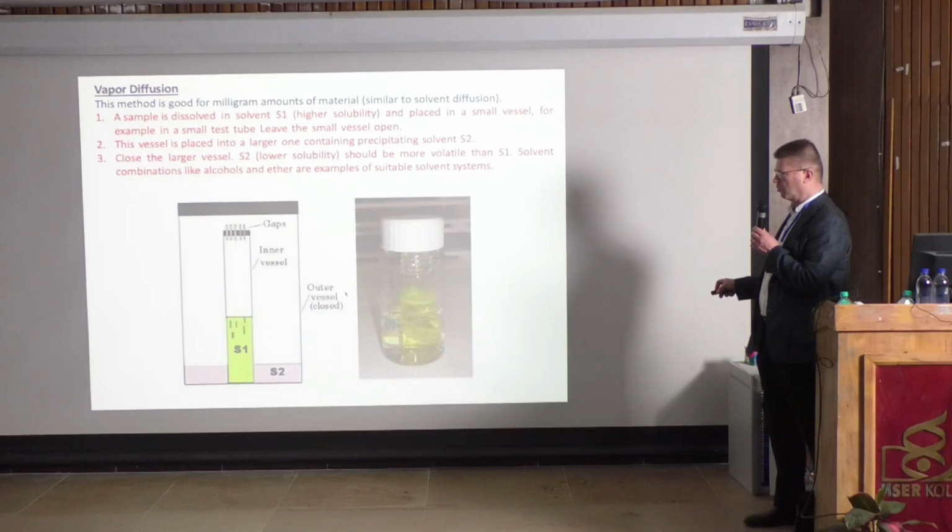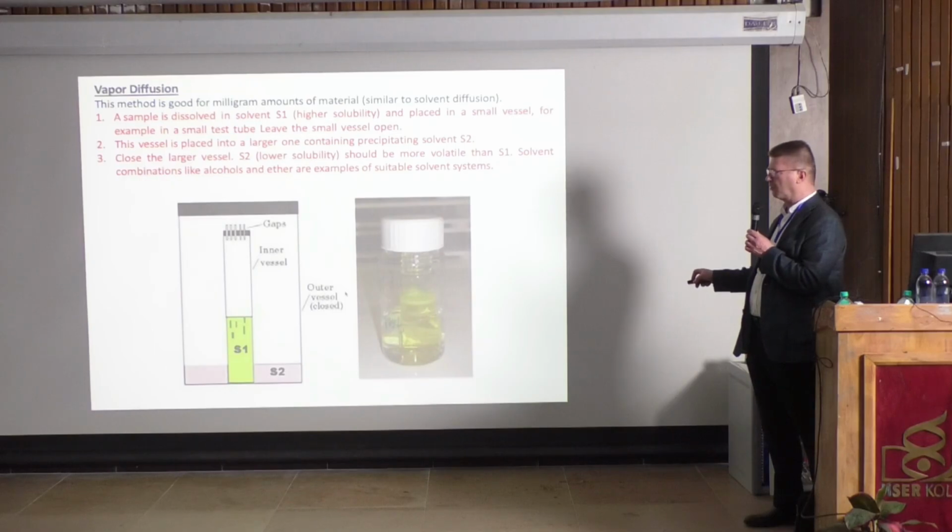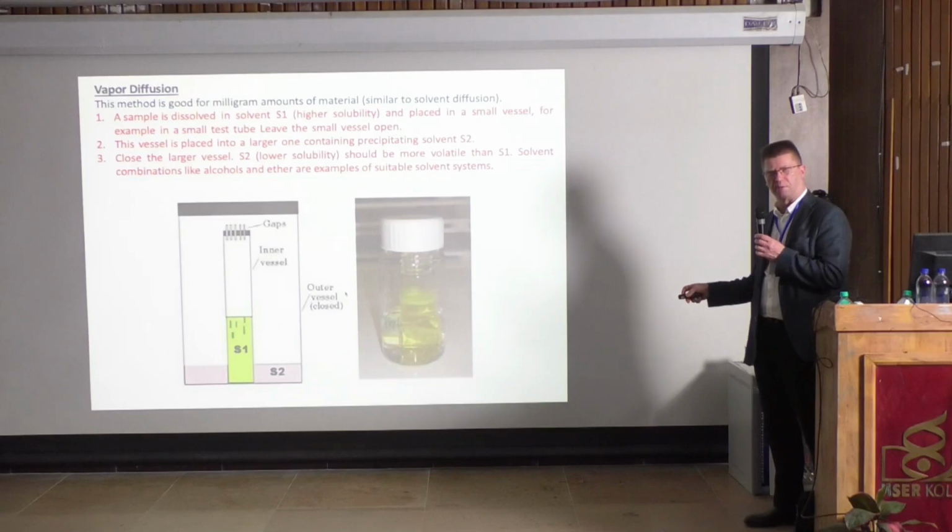So S2 will create, in this closed vessel, a gas phase, and this gas will go in here and slowly diffuse in, and this level will go up because all the time there's S2 going into S1, so the solubility of our target molecule will be smaller and smaller all the time.